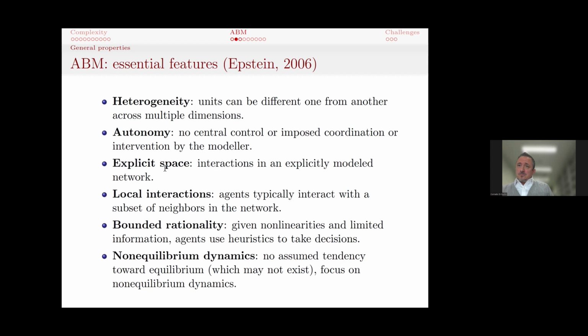Due to the nonlinearities, and the fact that the properties or the evolution of the system cannot be inferred from the evolution of the single agents or from looking at the single agents, as I said before, for complex systems we use heuristics. So we define agents normally as boundedly rational, because standard optimization is not applicable in agent-based models.